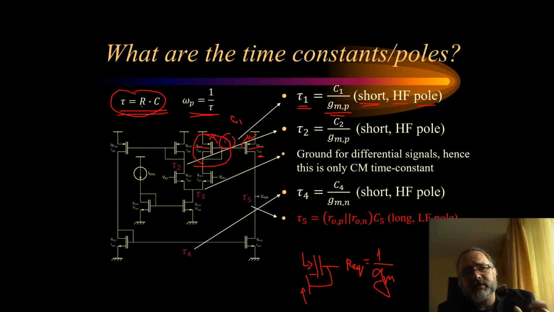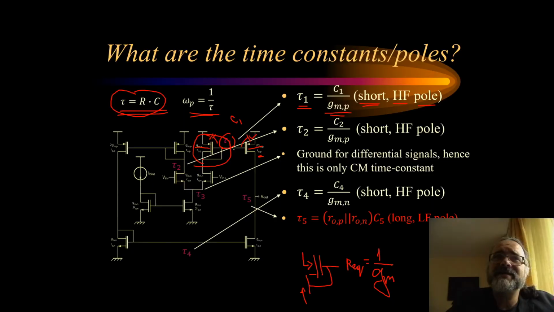If the resistance through which we charge the capacitance is big, then we will charge the capacitance with a smaller current, which will mean that it will take more time for this node to change its voltage. Hence, the time constant is long, which corresponds to a low frequency pole.